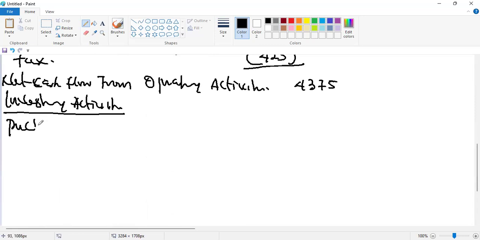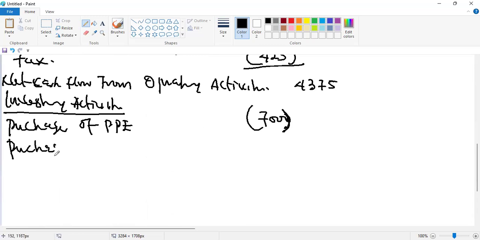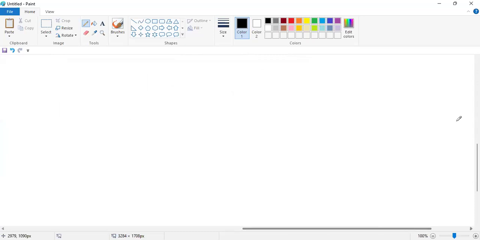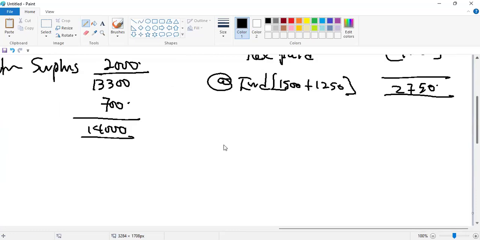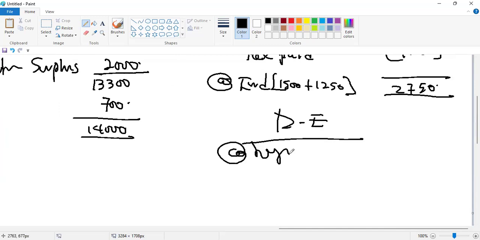Purchase of PPE. Development expenditure. Let's go and do what are the purchase. What is development expenditure at the beginning? Nothing. New. Amortization. There's amortization. Yes, 200.